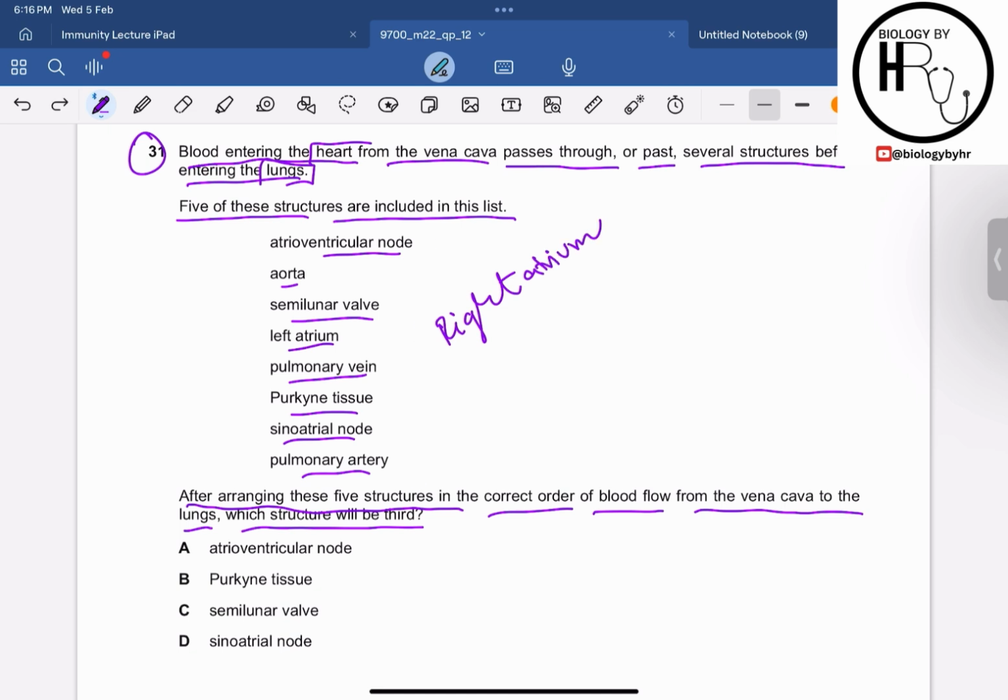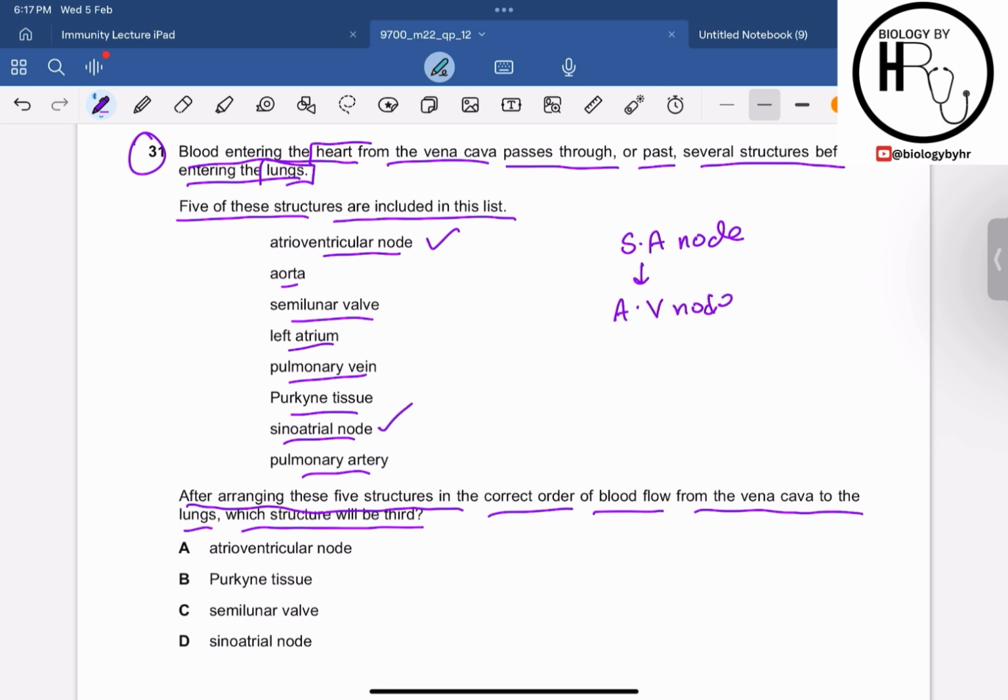So it must be talking about some other order, not the order of the atrium and the ventricles, right? So yes, I think they are talking about the sinoatrial node order. Like for example, first comes the sinoatrial node, right? And then there comes the AV node, right?